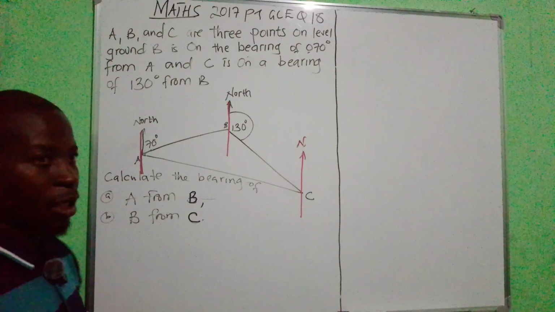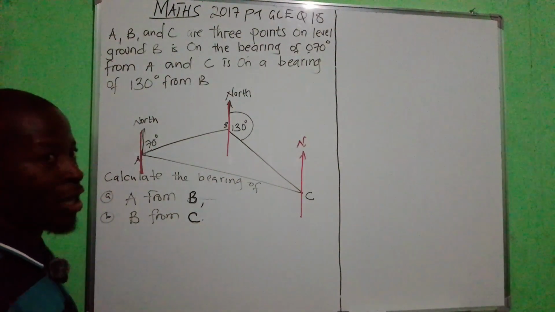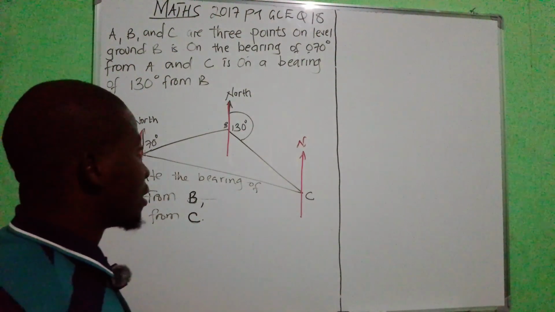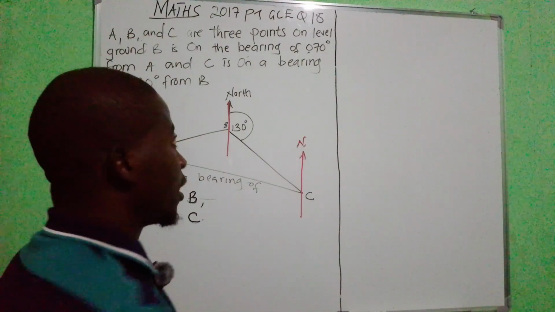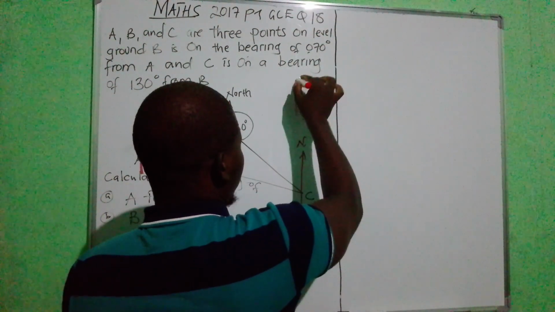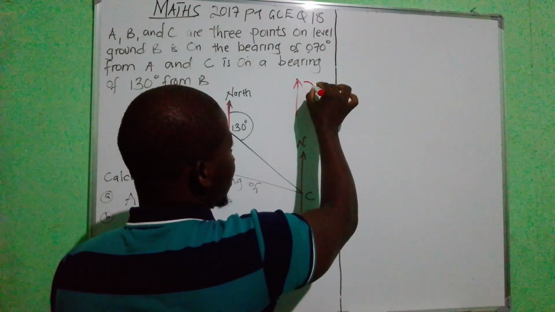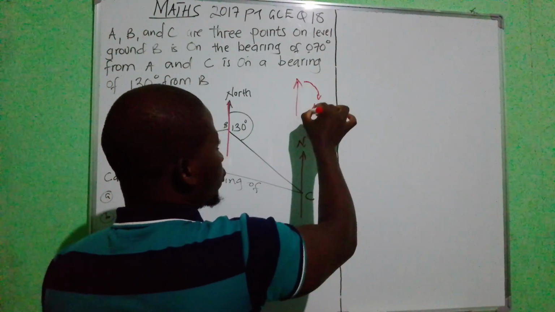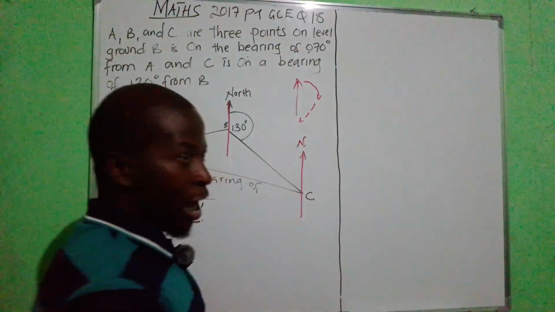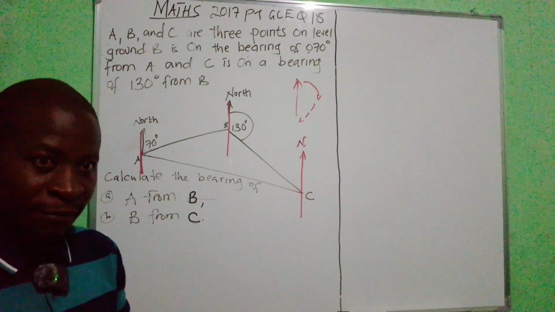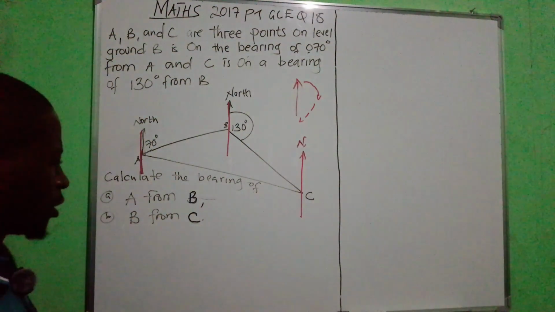The first rule is that when you want to rotate bearing or you want to find the angle in bearing, you always move clockwise. Example, if this is the North Pole, a clock moves in this direction. So you always move clockwise until you meet the line mentioned. Then the other point is this one.